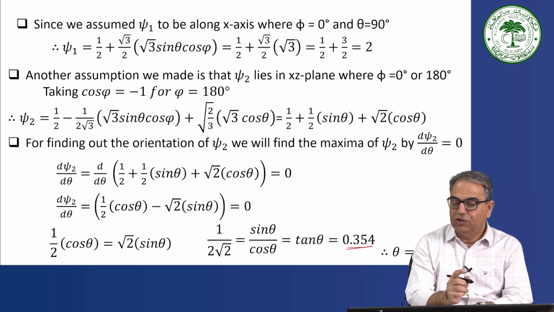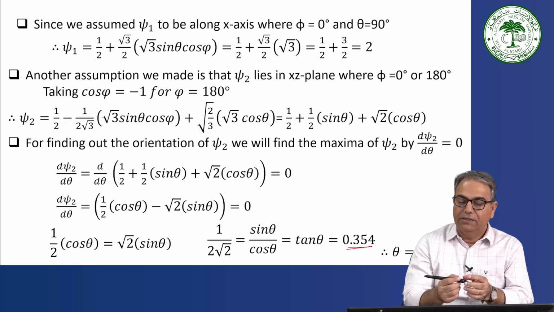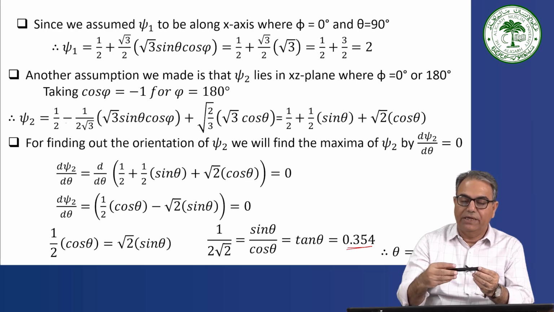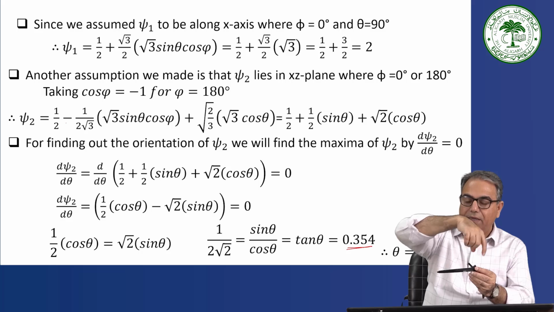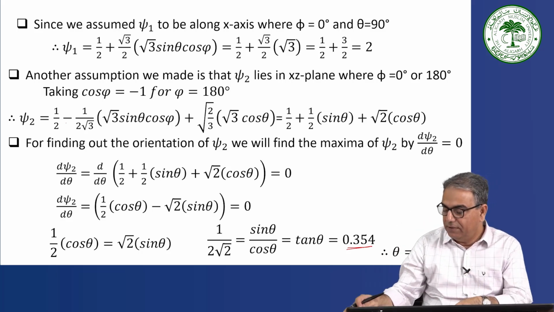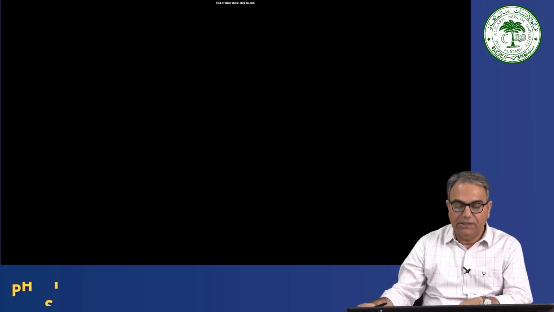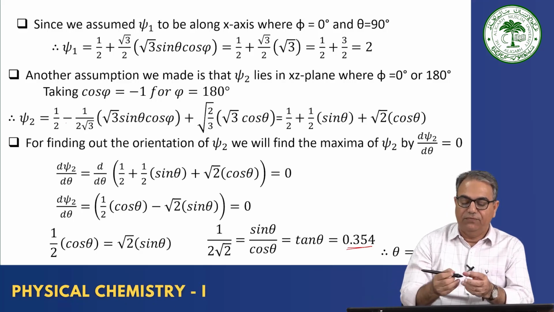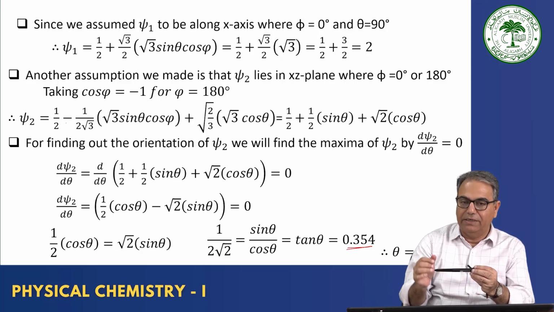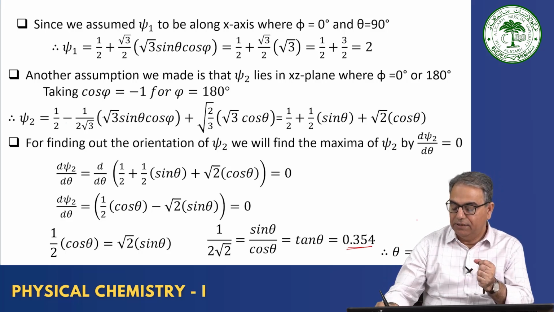So this is your x-axis, this is your z-axis, and theta is 90 degree, so 90 degree plus 19 degree 28 minute makes it 109 degree 28 minute angle.